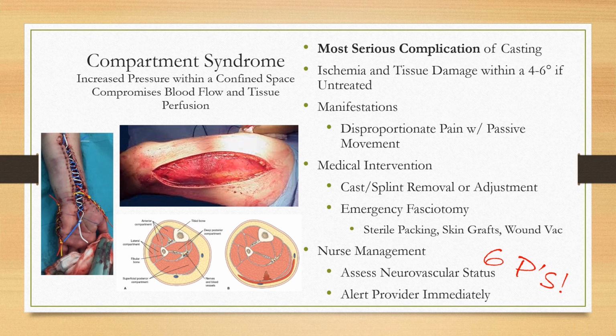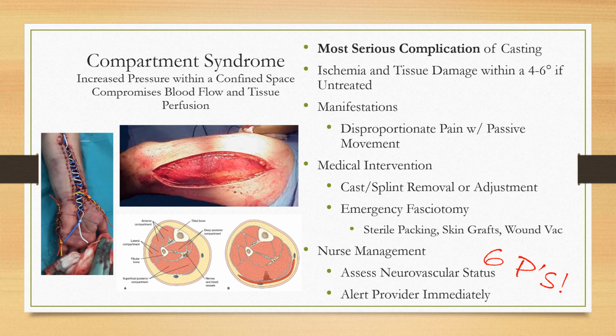Okay, so now compartment syndromes do not need to be only from a fracture. As I said, they can be from a crush injury. They can be from anything that's caused increased pressure within the compartment. Okay, so a cast can do it. A very tight wrapping that's not allowing for expansion when edema occurs can cause it.